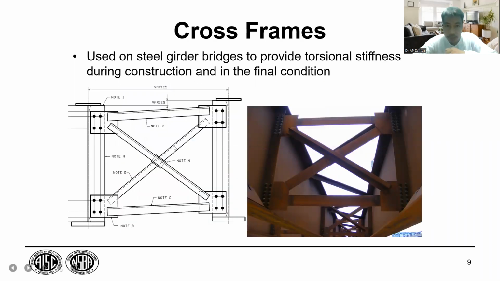Cross frames. This is the component of cross frames. There are joints, which in this case use steel plate. Then they put up cross elements. Usually cross elements are made up of angular bars, angles.